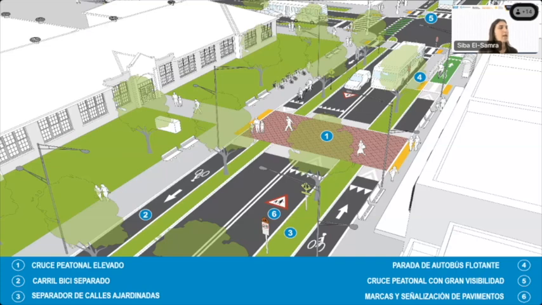You see here at one, we have protected intersections where the turning radius is minimized, which ensures that any vehicles, especially buses, are going at a slower speed and can have all those that are crossing at the crosswalks visible.